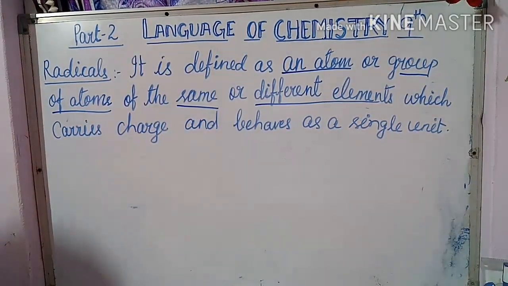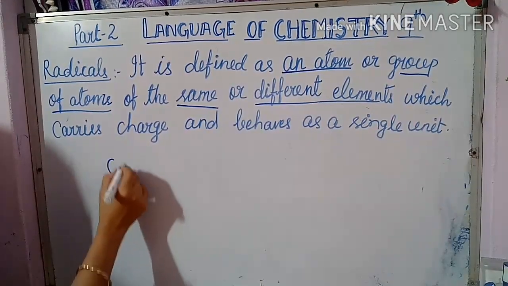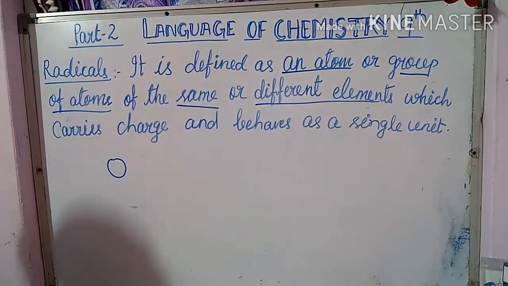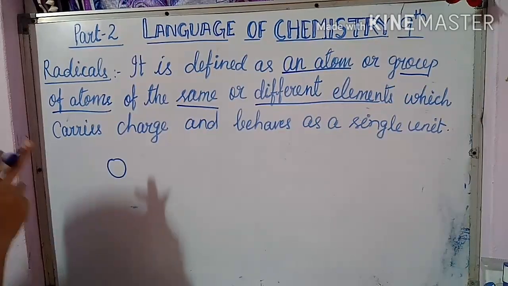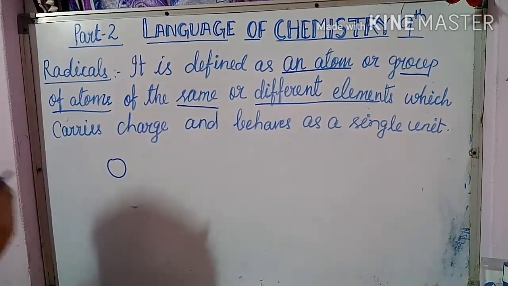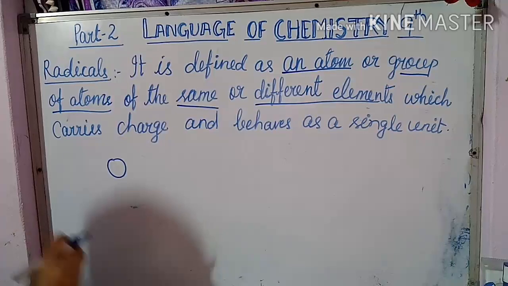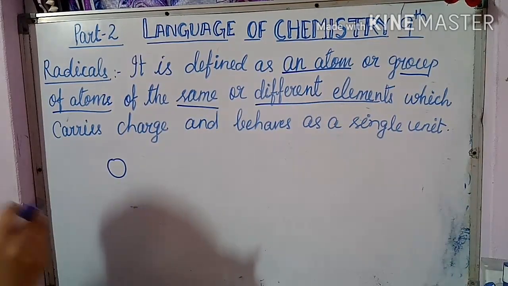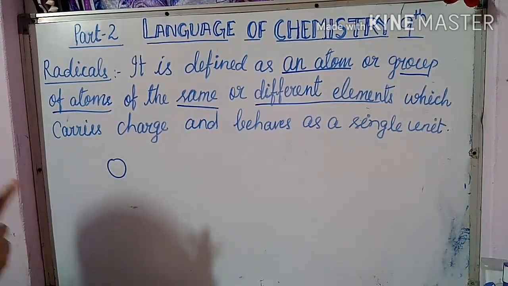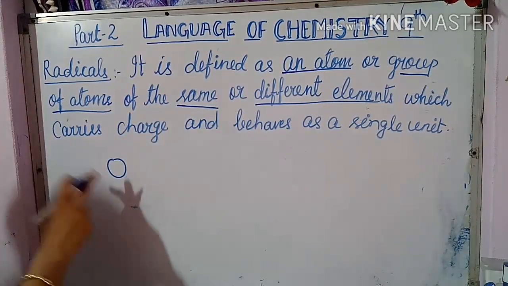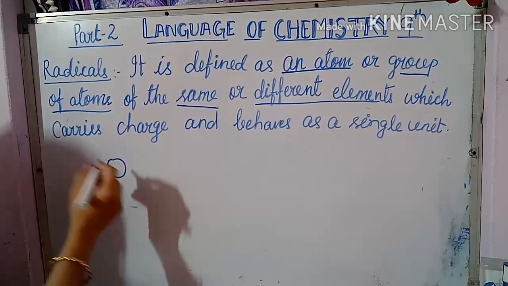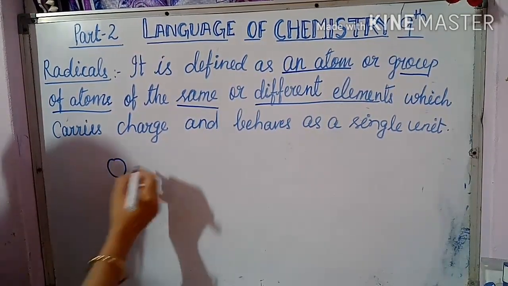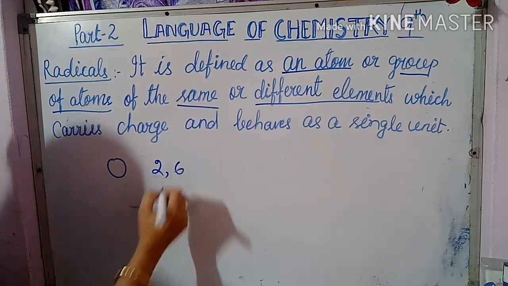For example, suppose it is oxygen. As I told in my previous lecture about valency, you can determine valency from the valence electrons. Whatever valence electrons are in the outermost shell, that combining capacity is known as the valency. Oxygen has the electronic configuration 2, 6.